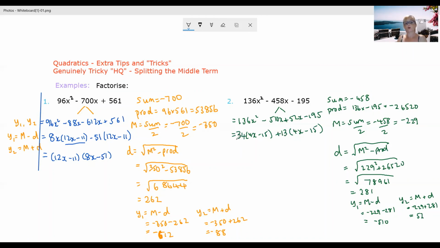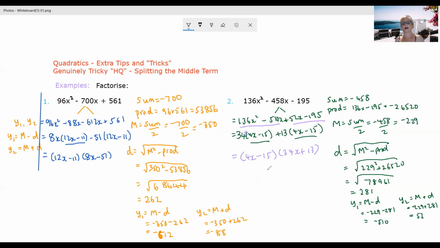Let's just check, what is 34 times 15? Yes, that is 510. So we're all good. It all works out okay with our grouping, our first two terms and our second two terms. So when we factorise this, we get 4x minus 15, 34x plus 13. I should have had an x taken out there as well.